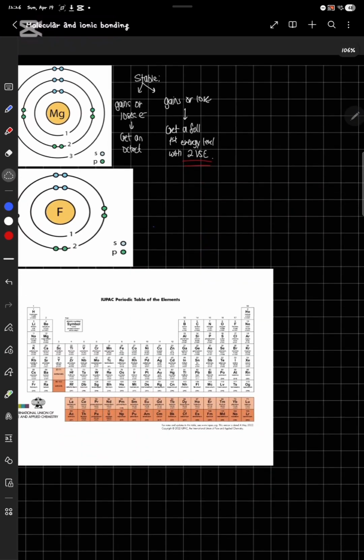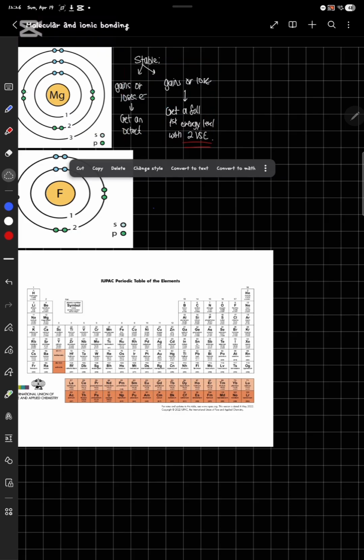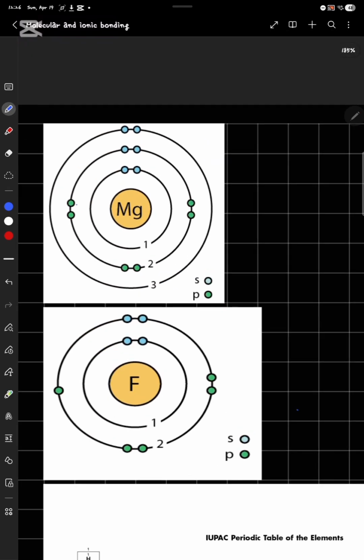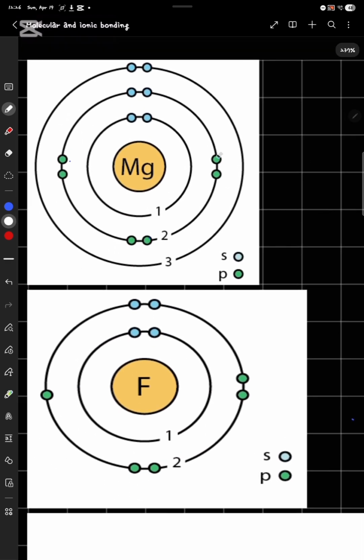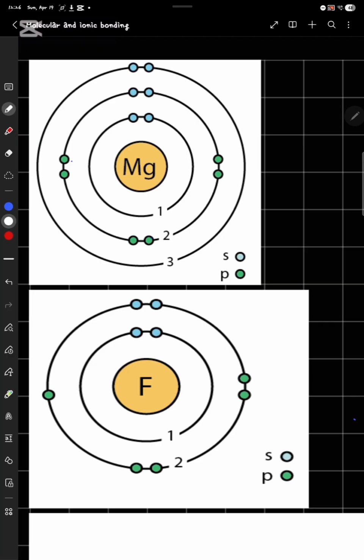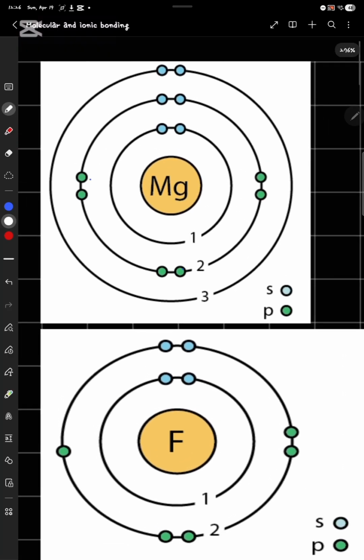I'll move this to another area. Okay, so magnesium here, as you remember from your ions lesson, it will be much more energetically favorable for magnesium to just lose these 2 valence shell electrons to gain an octet. The octet is your shell number 2: 1, 2, 3, 4, 5, 6, 7, 8.